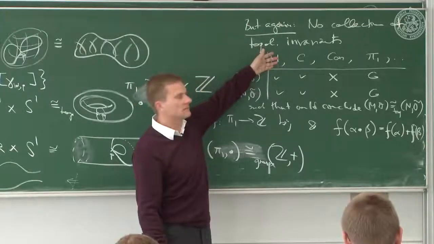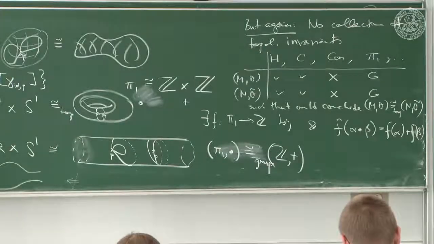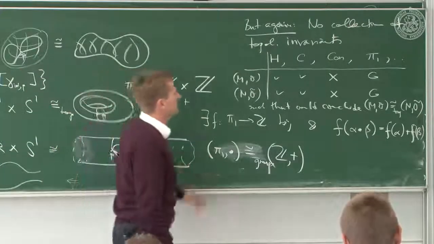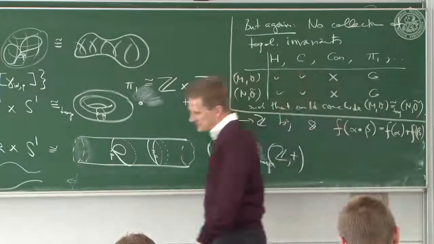It'd be great if we had such a classification. You just had to check all the properties, but no such list is known. That is something I was referring to throughout this section.